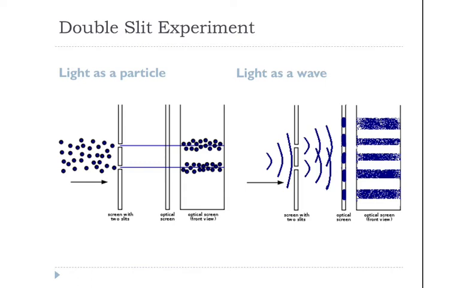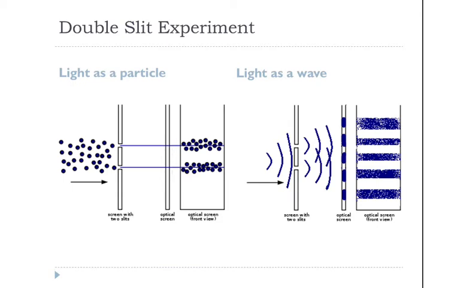So this brings us to the double slit experiment. This is a famous experiment that has some interesting results. If we look at individual photons, you turn on a light source, and there are two slits, and the photons will travel through one of those. On the back, there's an optical screen that records where they land.